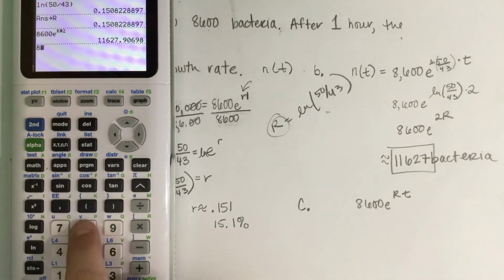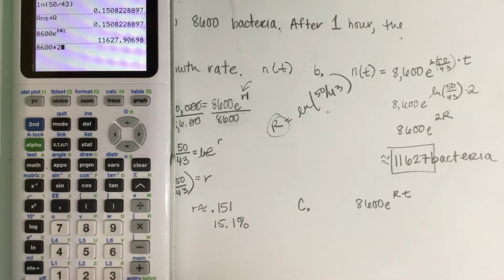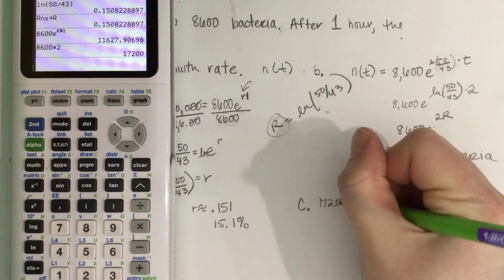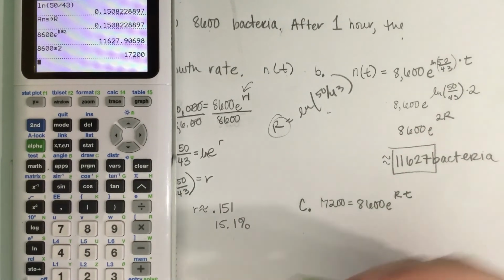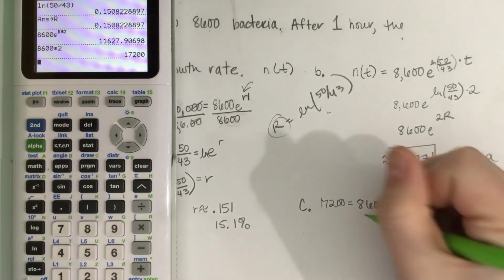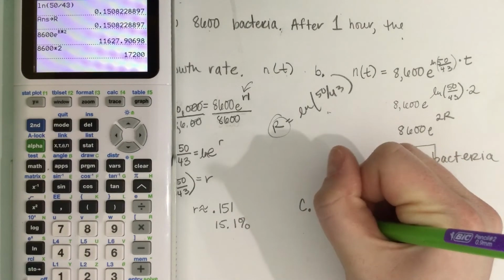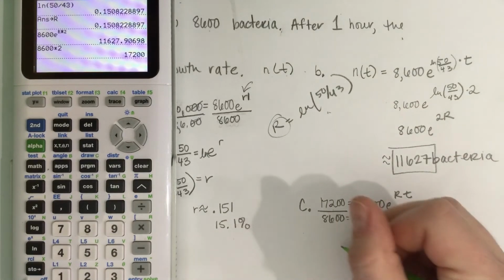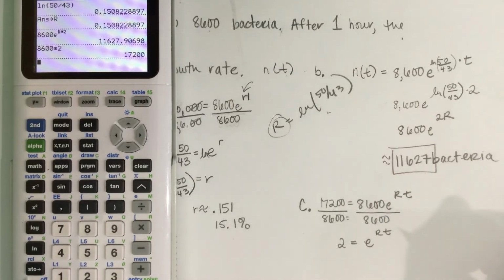If I'm looking for when it doubles, some of you might want to do 8,600 times 2, which gives us 17,200. But what you will find when you are looking for when things are going to double, if our first step is to divide by the initial population, regardless of what that initial population is, you're always going to end up with a 1 here and a 2 here. So we end up with 2 equals e to the Rt.